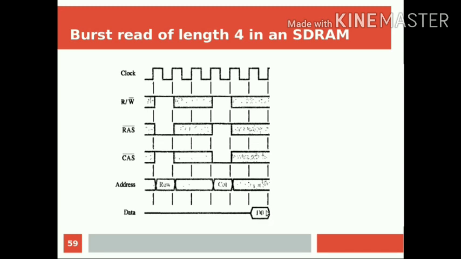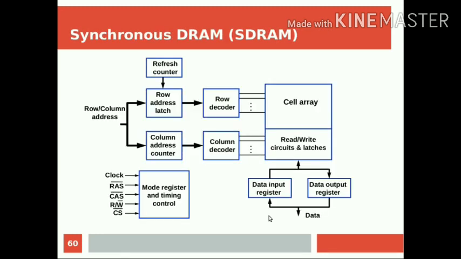The first group is available. Then the next groups will be available during the next clock cycles itself. For that purpose, the column address counter will increment the value of the column address, and that address will be decoded by the column decoder, and the next group of bits will be selected from the same row.